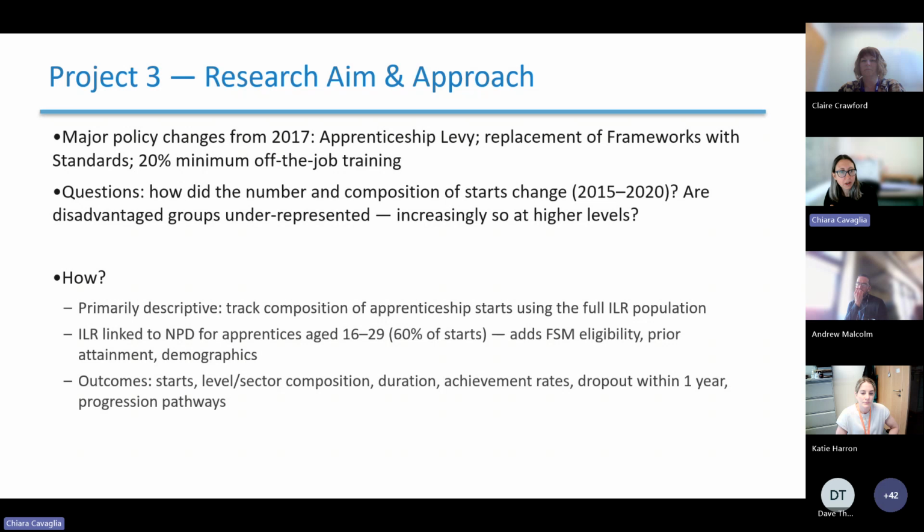And then we also used ILR linked to NPD for young apprentices so that we could have more information on their characteristics, such as whether they were FSM eligible, their prior attainment, more in detail, and their demographics. And we created some key variables such as the starts, the level, sector composition, the duration, the achievement rates, whether they were dropping out, and also the progression pathways.